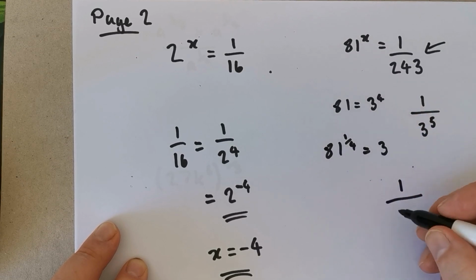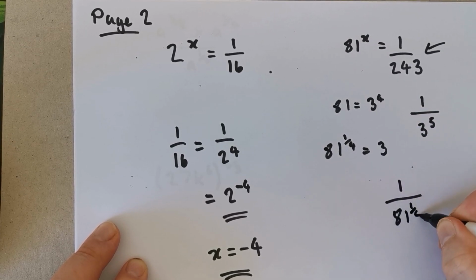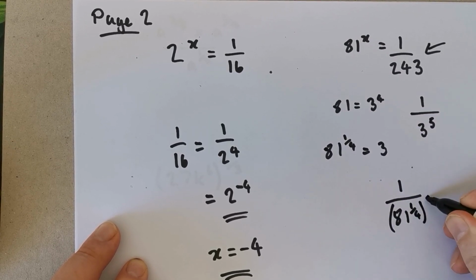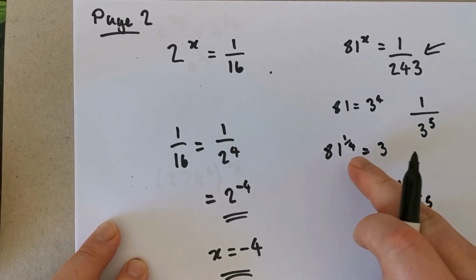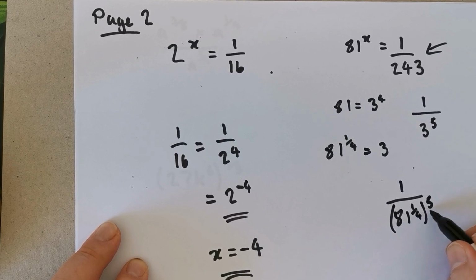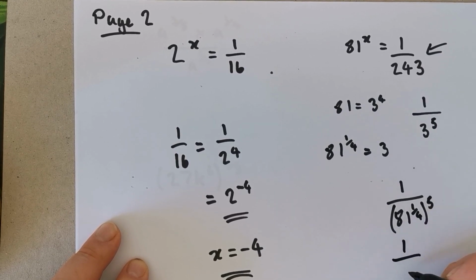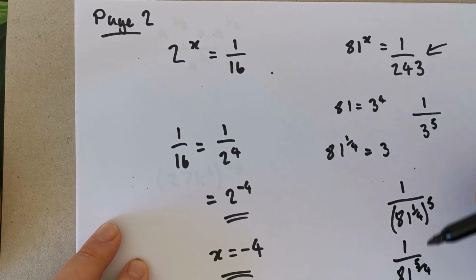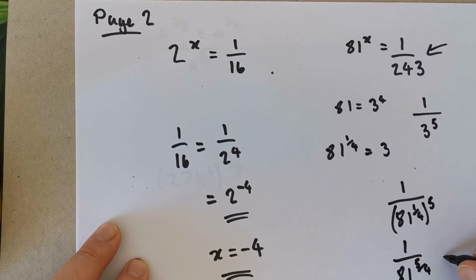I need the 81 in there, so I'm going to go 81 to the power of a quarter, raised to the power 5. That's 3, I know that, so I've been consistent as I've gone down here. Times those powers together, I get 1 over 81 to the power 5 over 4. I don't want that though, I want 81 like that, so I'm going to go 81 to the power minus 5 over 4.